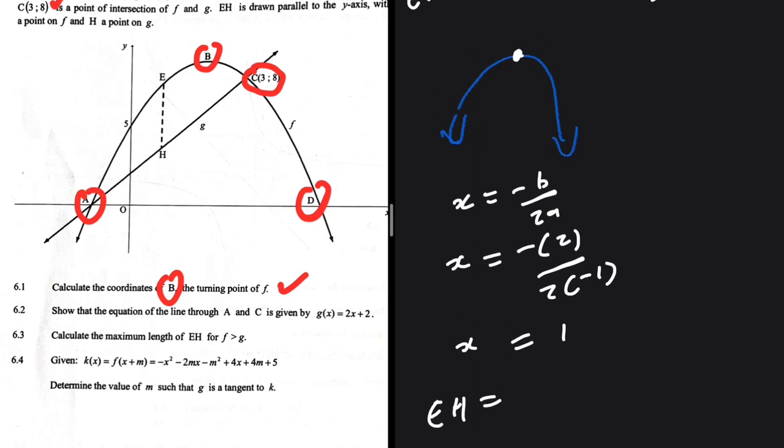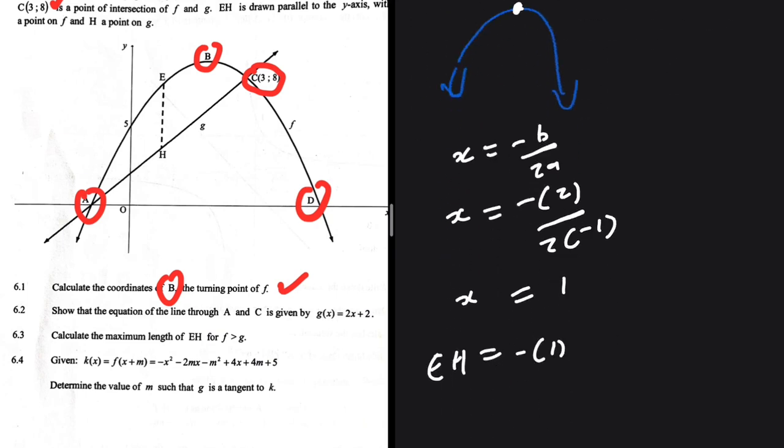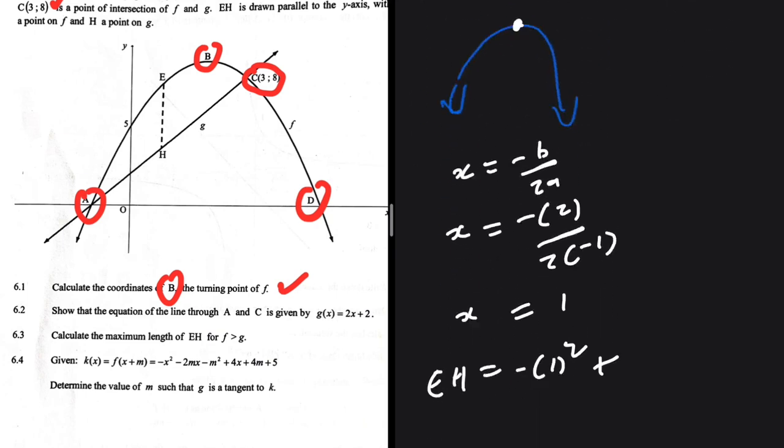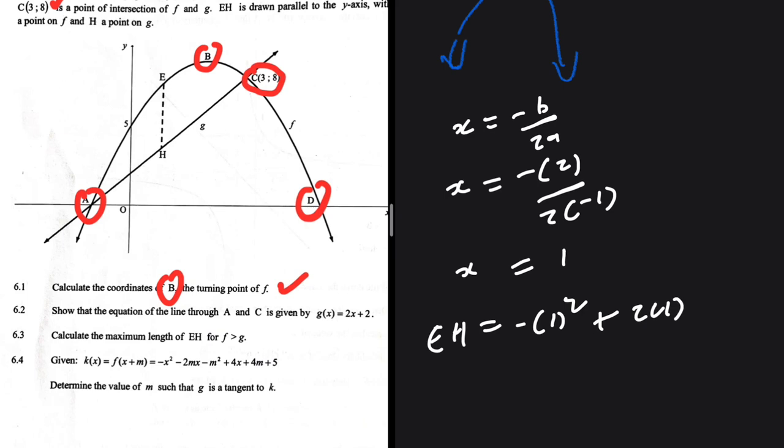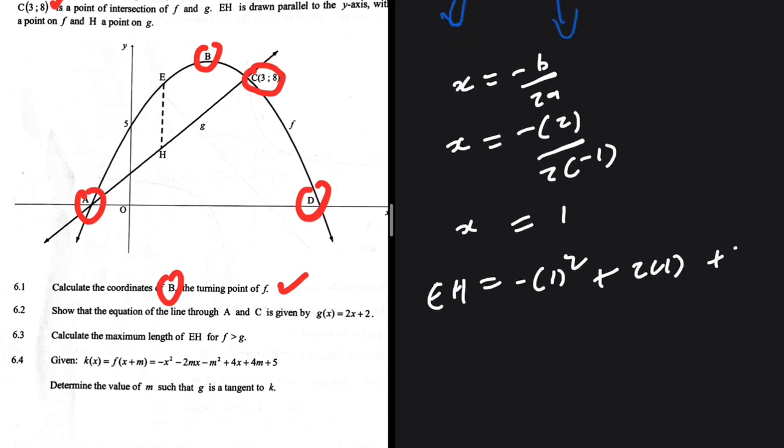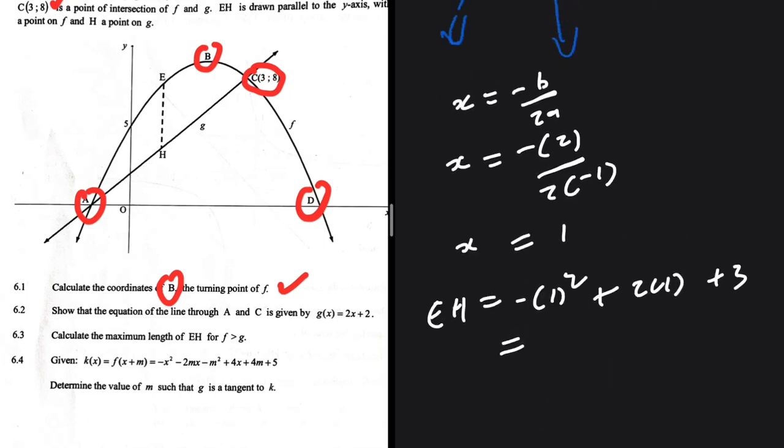So EH is equal to minus 1 squared plus 2 multiplied by 1 plus 3. So we have minus 1 because the minus is on the outside. So minus 1 plus 2, that is 1 plus 3. And then we get 4. So there we go. It seems like EH is a maximum when it is equal to 4. That is the maximum value of EH.